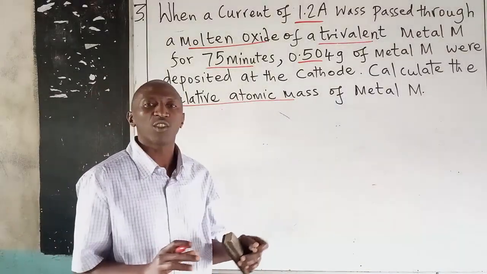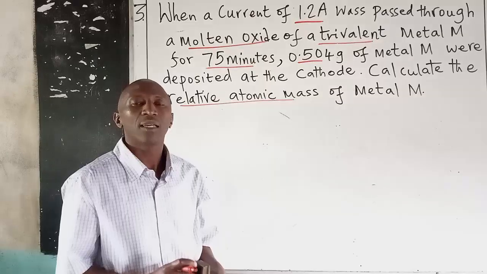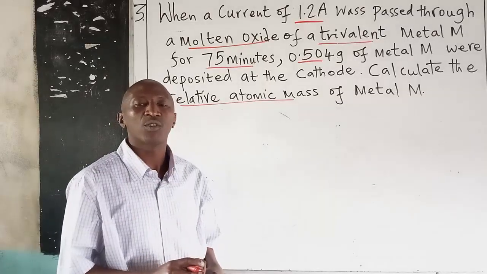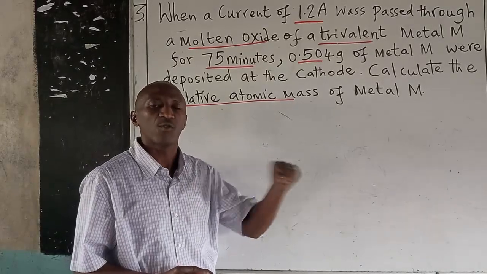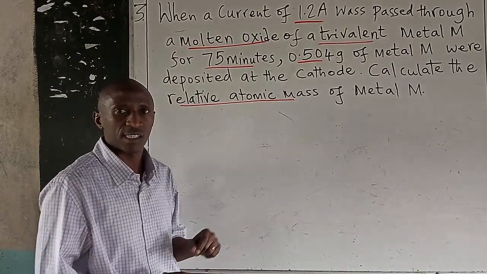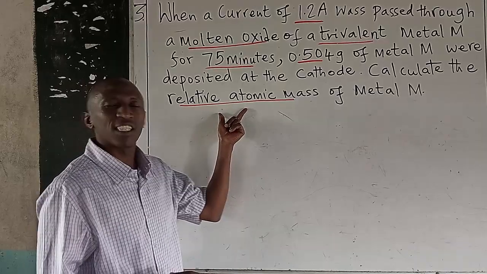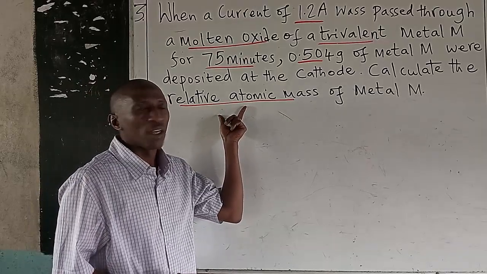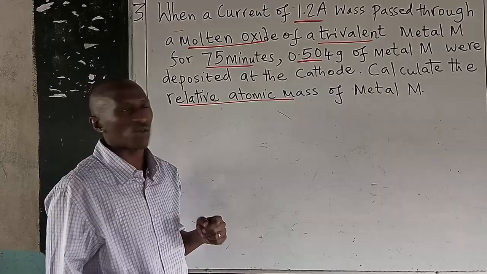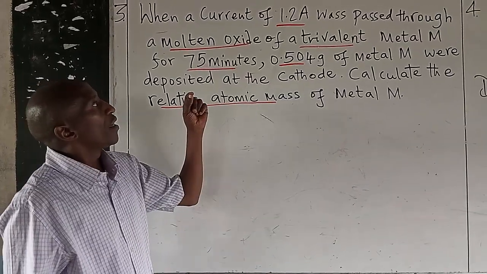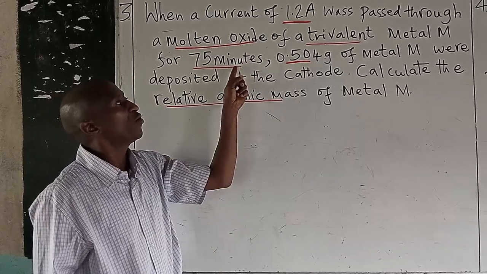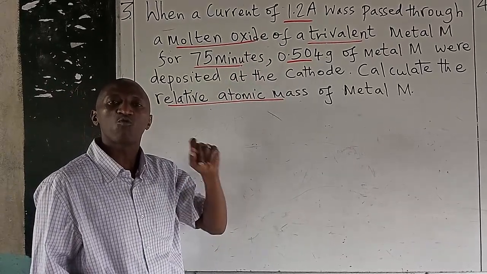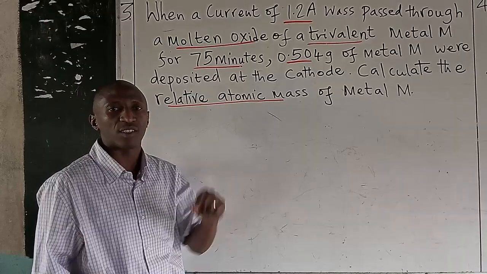So in this question, we are seeing the third application of the calculations on the first law of Faraday for electrolysis, that is, determining the RAM. Now let's digest this question. The first thing is we shall link these two so that we are able to get the quantity of charge passed.